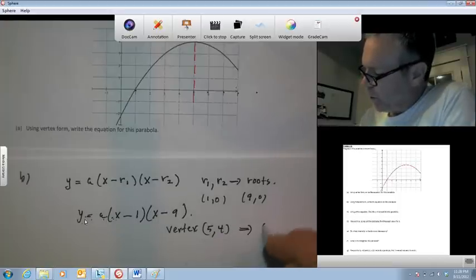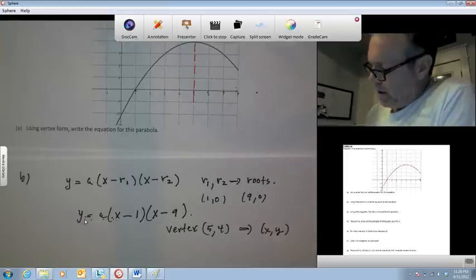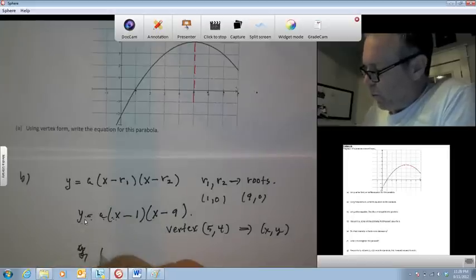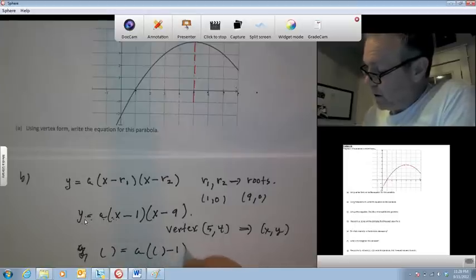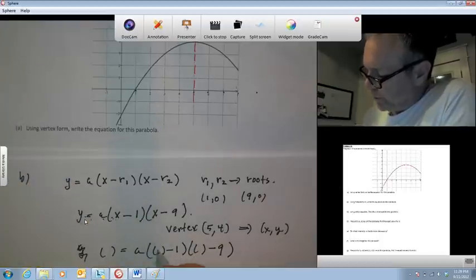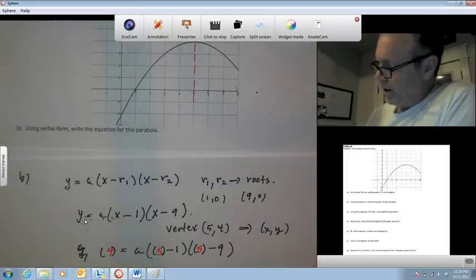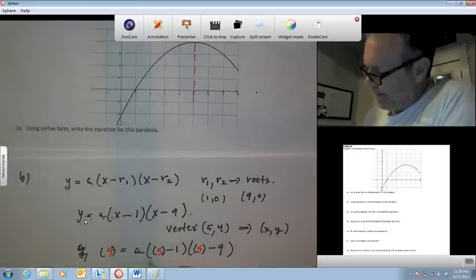We're going to use that (5, 4) for our x, y. y = a(x - 1)(x - 9). For our x value, we're going to use that 5, and for our y value, we'll use that 4. And then we will solve for a.